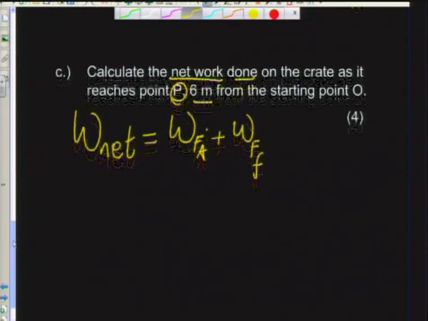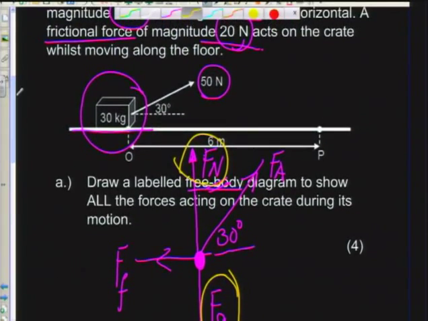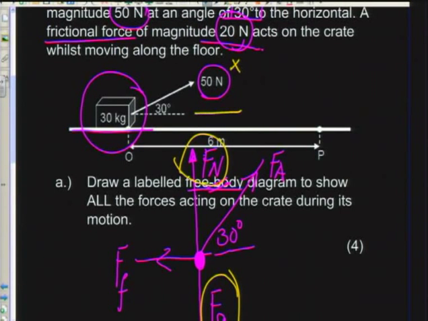Now, can we begin to see from the diagram which force is doing the work? Obviously, the component of this force in that direction is the one doing the work. Therefore, that one doing the work should be the force applied, times the what?